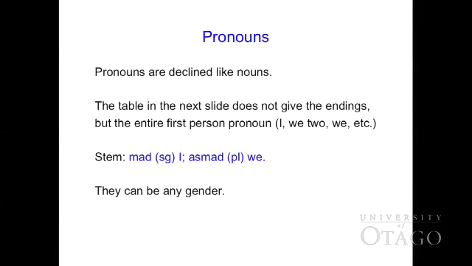The stem for the first person pronoun, for I, starts from mat, singular, and asmat, plural, I and we. Please notice that the pronoun can be any gender. So it means a pronoun can be masculine, feminine, and neuter.